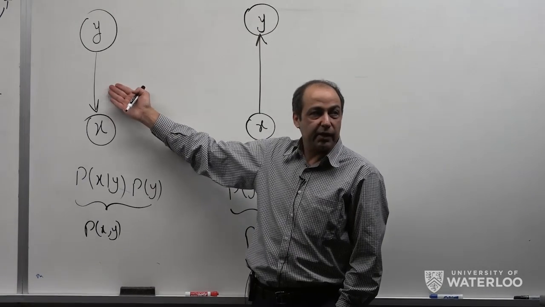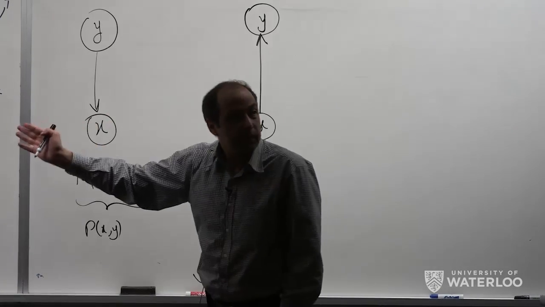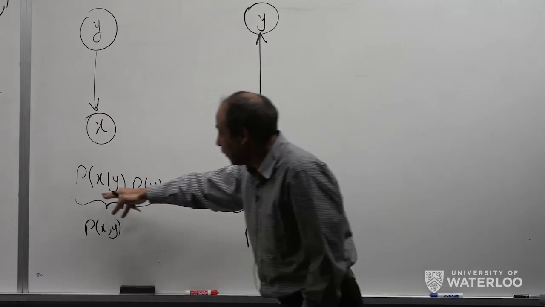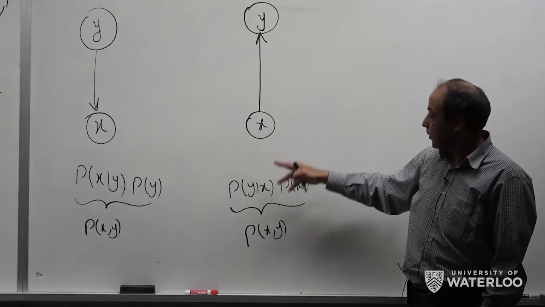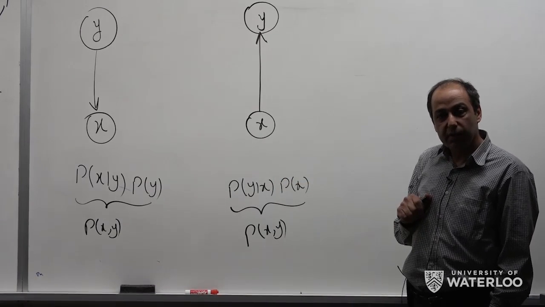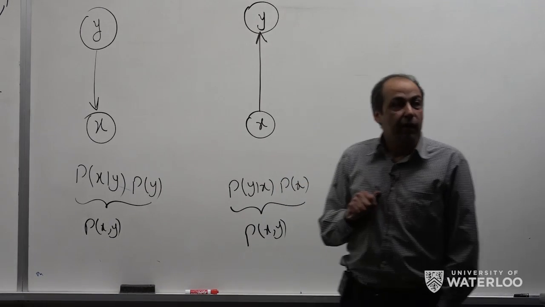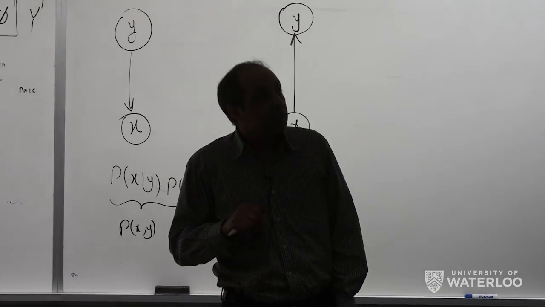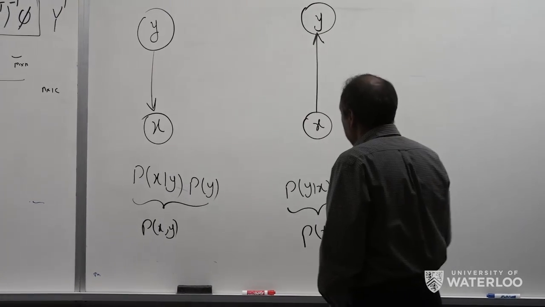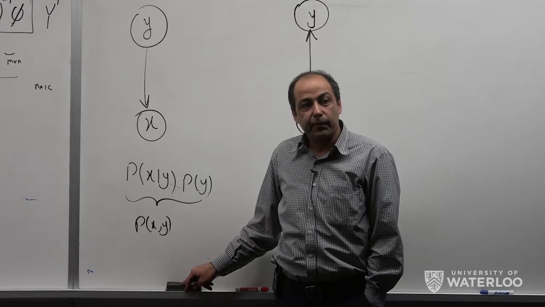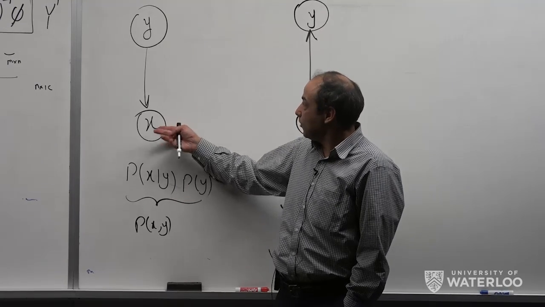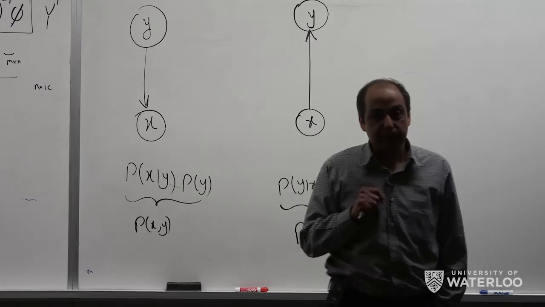Here, I'm expressing that P of x, y, the joint probability, can be decomposed this way. And here, I would say that this joint probability can be decomposed this way. So let's start with the first model that we had, LDA. Do you think LDA was this model or this model?